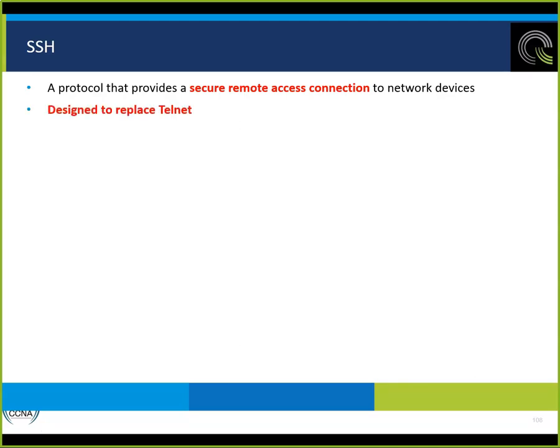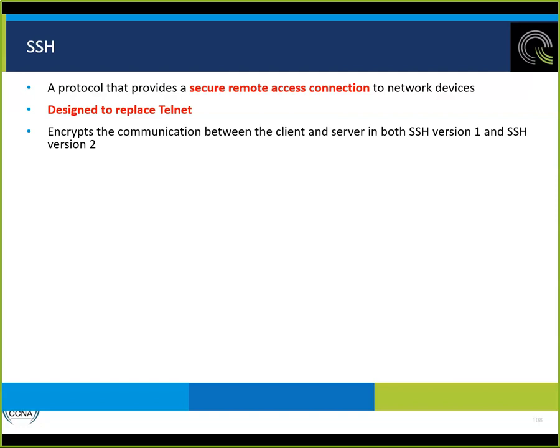SSH, the Secure Shell Protocol, a replacement for Telnet, provides a secure access connection to the networks, and this is the one that we're going to want to use if at all possible. Designed to replace Telnet, it encrypts the communication between the client and the server. Both SSH version 1 and version 2 exist, but they're not compatible with each other.